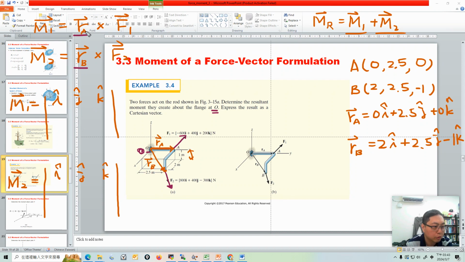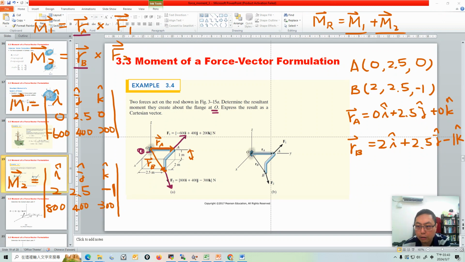For M1, the position vector of A is 0, 2.5, 0. And RB is 2, 2.5, minus 1. And the force vector one is minus 600, 400, 200. Force two is 800, 400, minus 300.